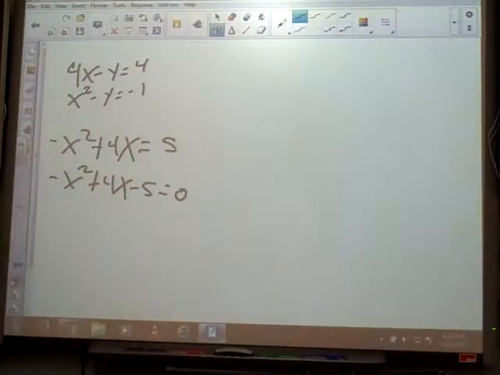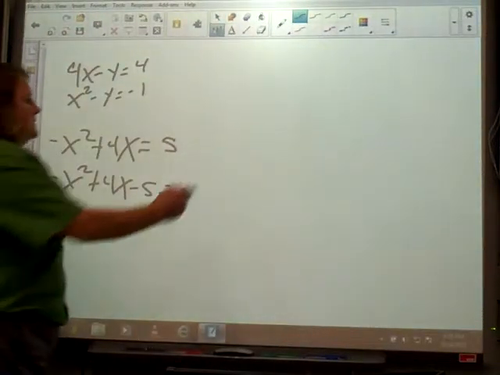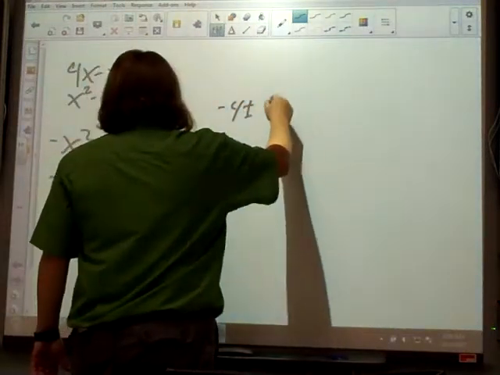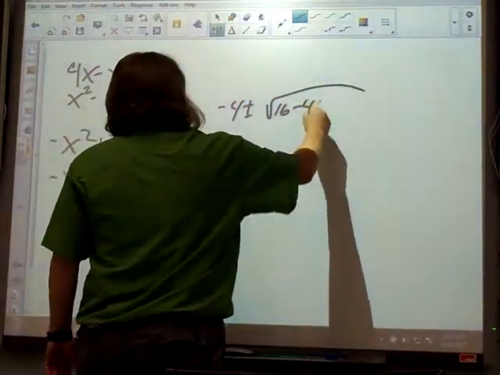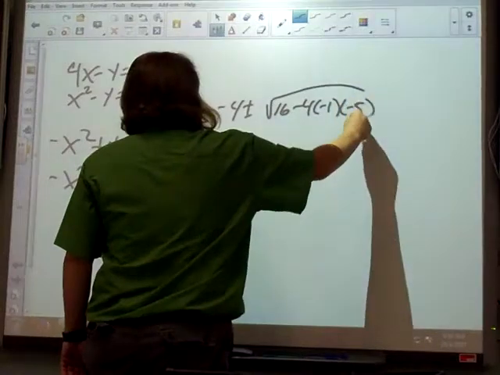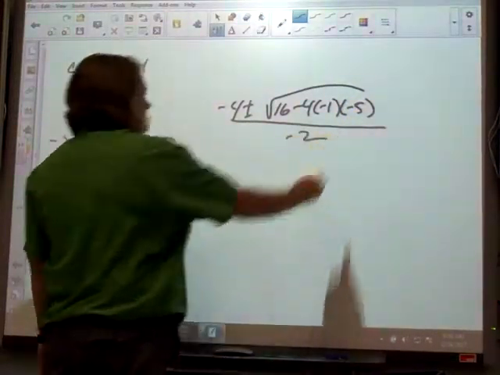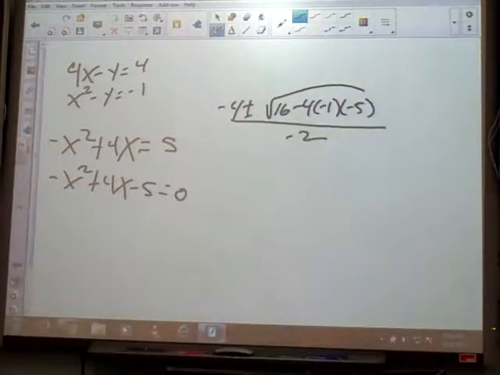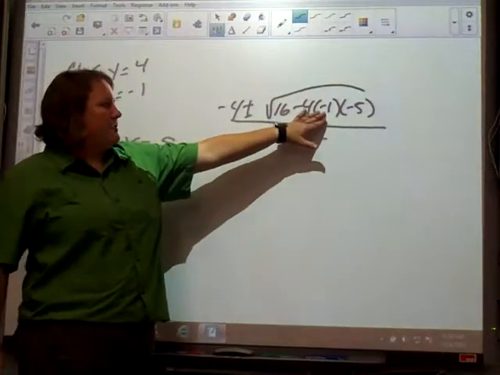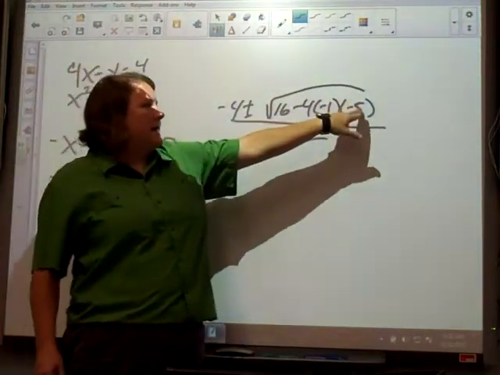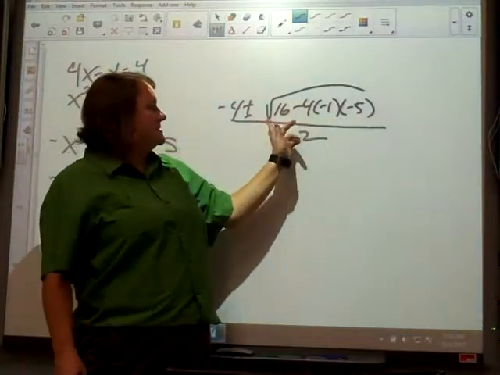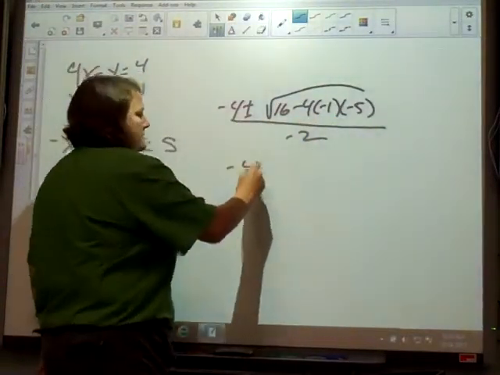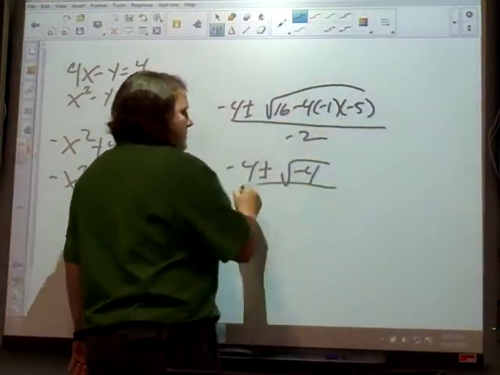Now we're ready for the quadratic formula: negative b plus or minus the square root of b squared minus 4ac all over 2a. We're just about done on this one, because this is negative 4 times negative 1, which is positive 4. 4 times negative 5 is negative 20. 16 minus 20 is negative 4.